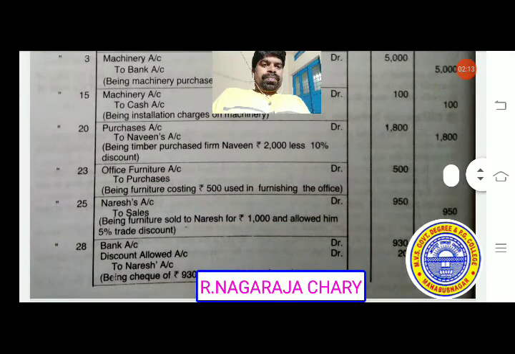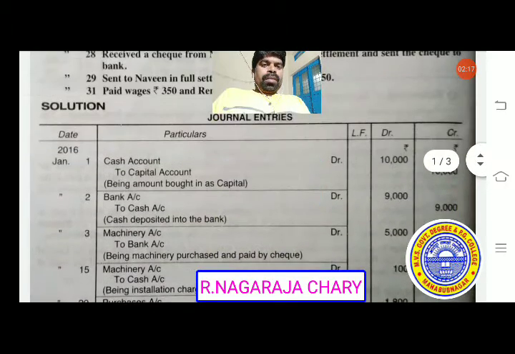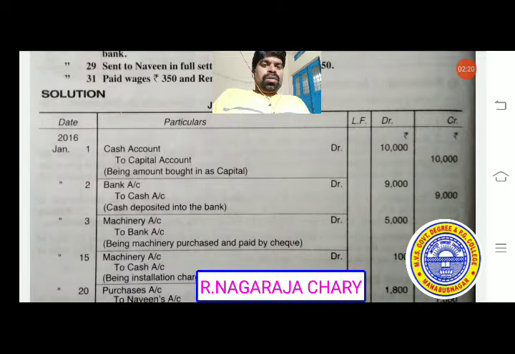Here we see cash account is debtor to capital account. When we see Dr at the end of an aspect, that shows debit, and the prefix To shows credit.